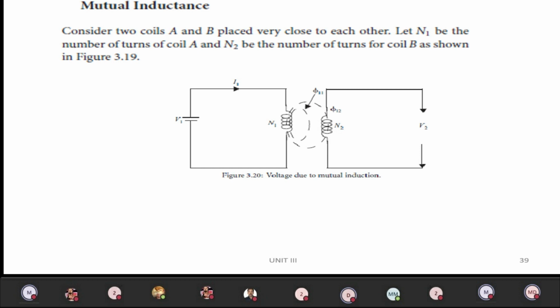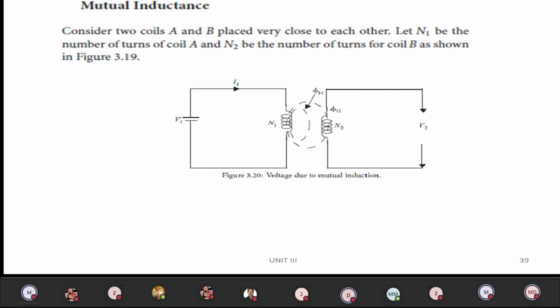So we have two coils, coil A and coil B, and I am bringing the two coils nearer. Coil A has N1 turns, coil B has N2 turns. If I apply voltage to coil 1, that is coil A, it will produce two fluxes: one is the self-induced flux, another is the mutual induced flux.